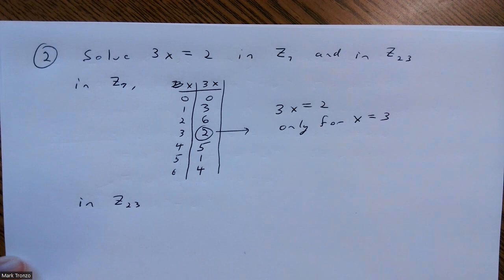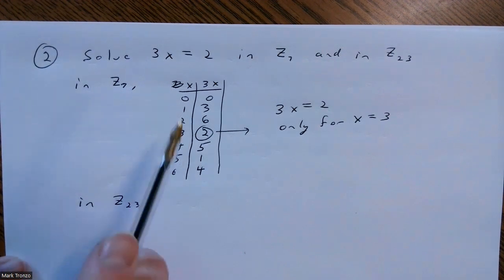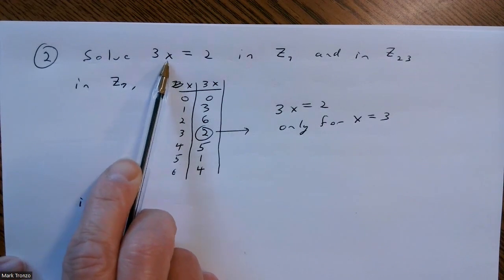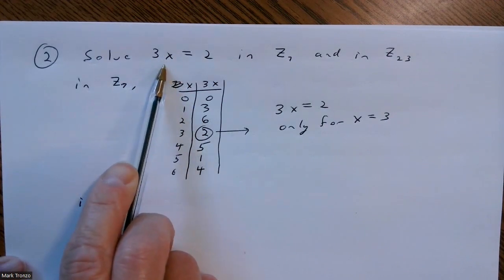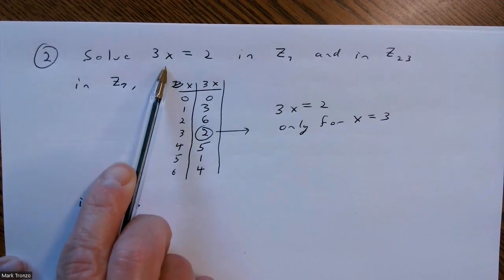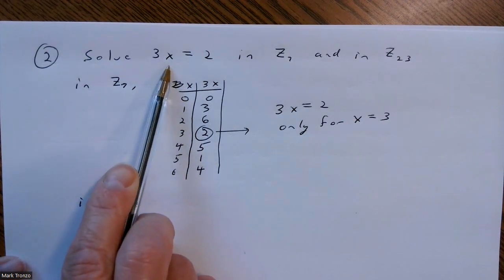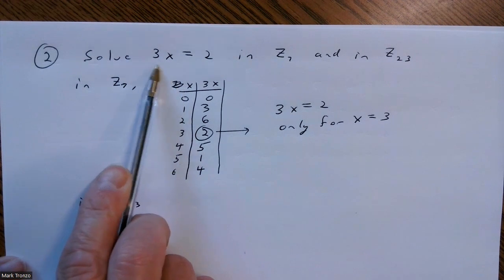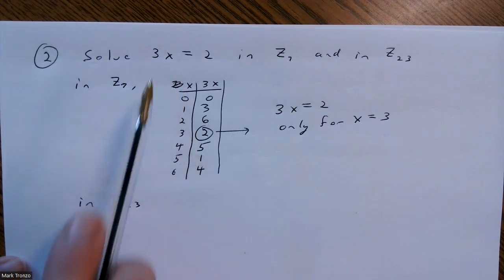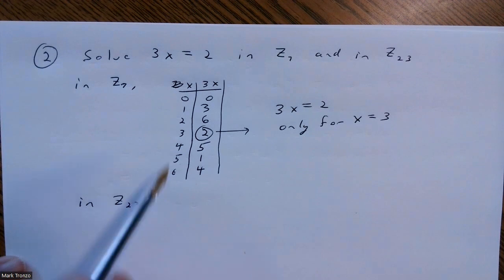If we do Z23, now if you put values into here, when will we start getting above 23? At maybe like 8, huh? So everything up through 8, we're not going to end up having that.